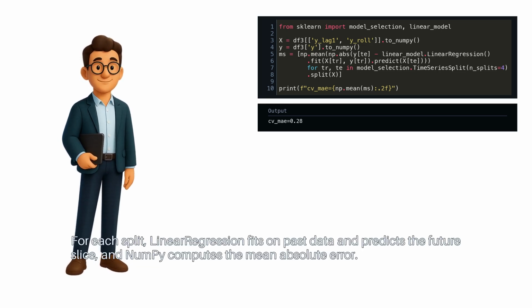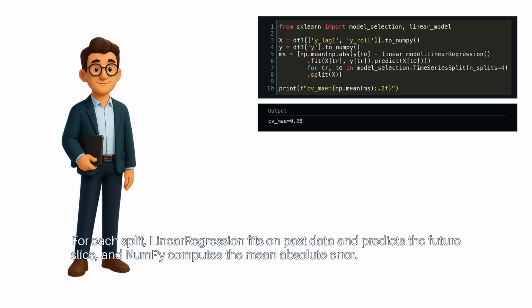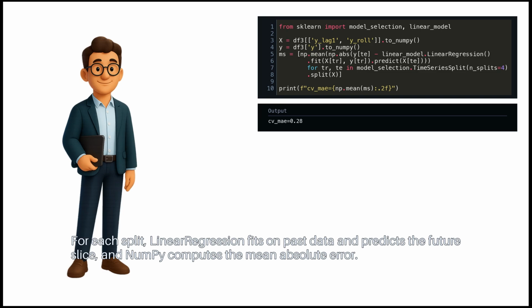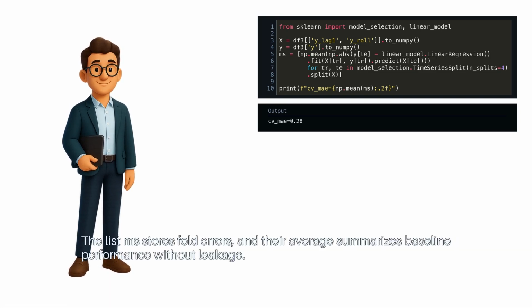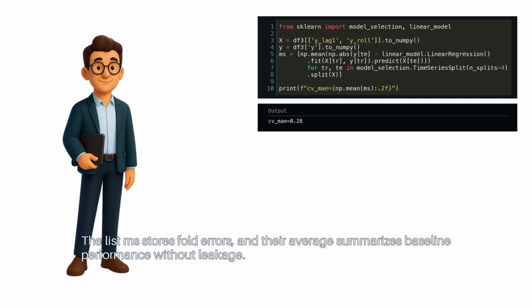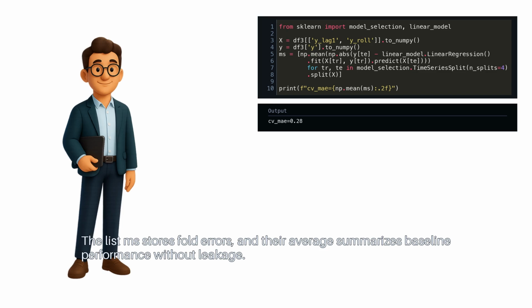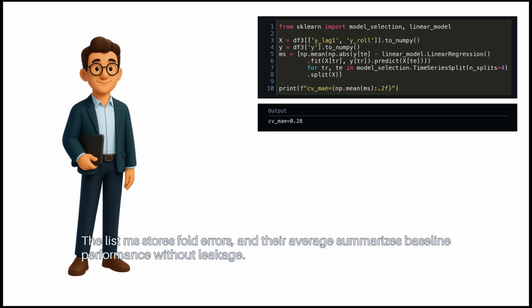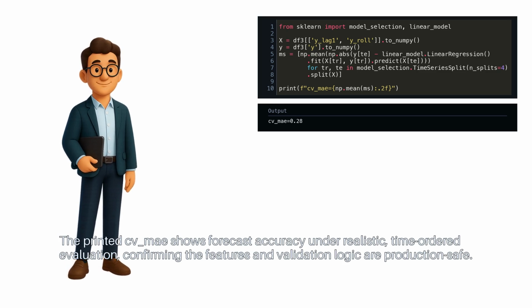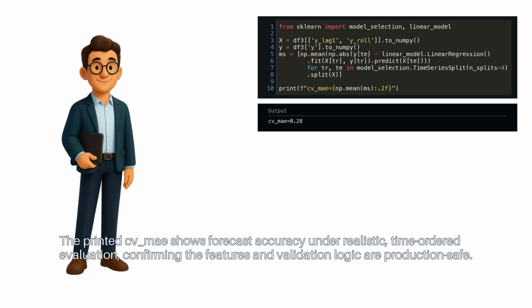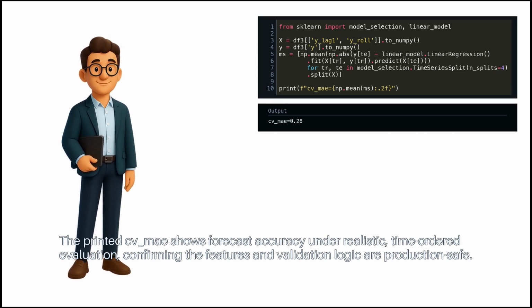For each split, linear regression fits on past data and predicts the future slice, and NumPy computes the mean absolute error. The list maes stores fold errors, and their average summarizes baseline performance without leakage. The printed CV MAE shows forecast accuracy under realistic, time-ordered evaluation, confirming the features and validation logic are production safe.